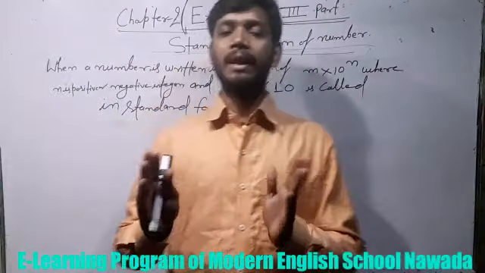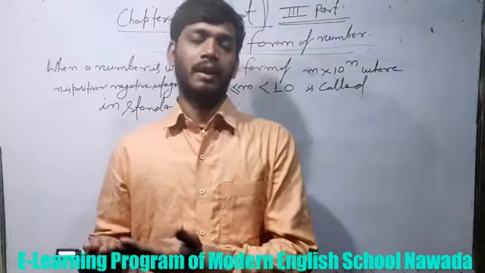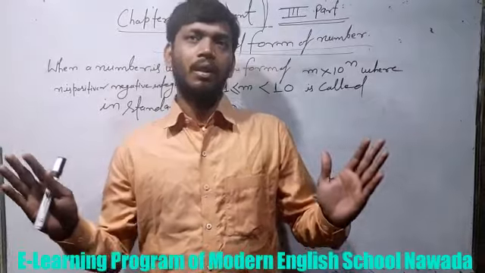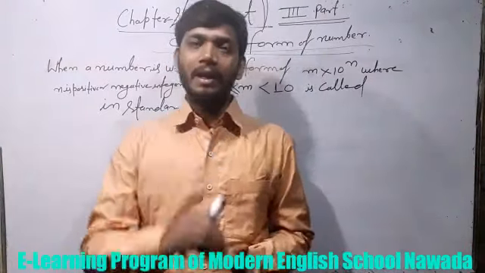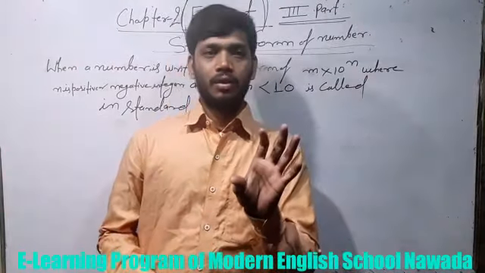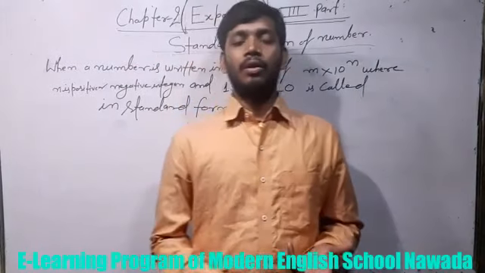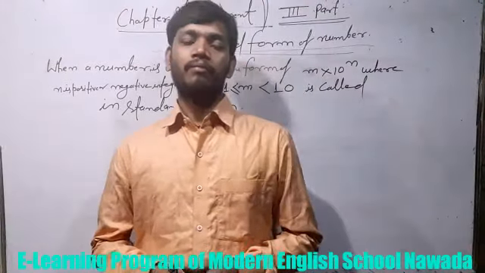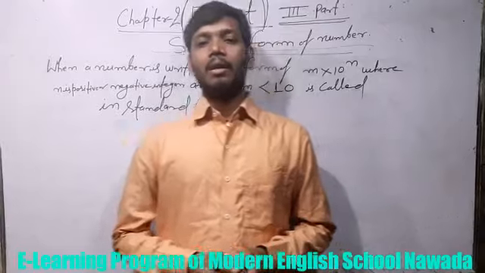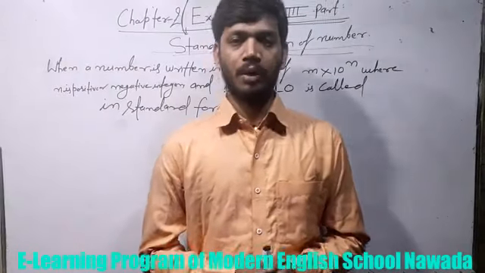When a number is said to be in standard form, any big number can be written in a standard form. In this chapter we will discuss the standard form of a number.